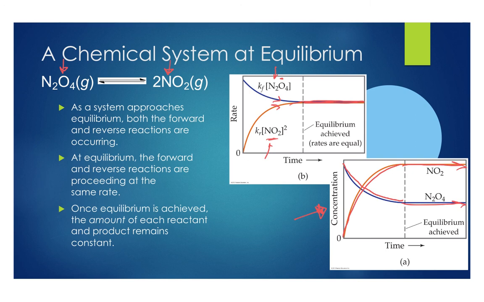Important to note that those amounts stay the same, but they are not equal to each other. The rates get equal, but the amounts do not. They just get constant, whereas the rates get both equal and constant.